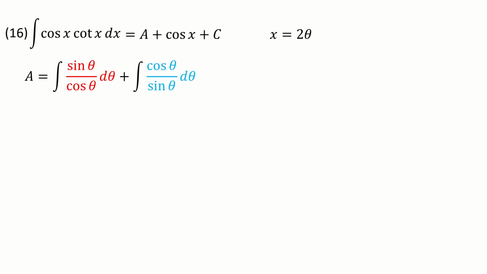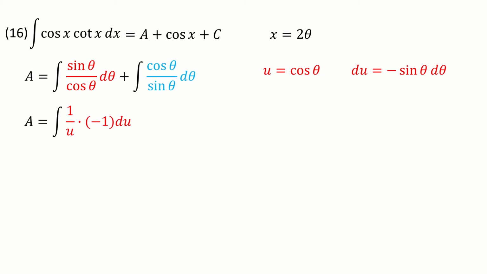So here I copy the results from the last slide. For the red part, we use a substitution and let u equal cosine theta. So du equals minus sine theta d theta. Plug in and we got an integral with respect to u.